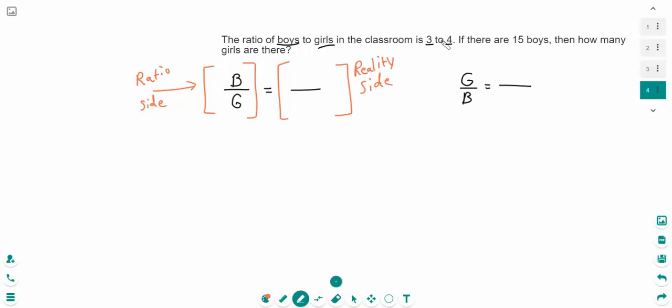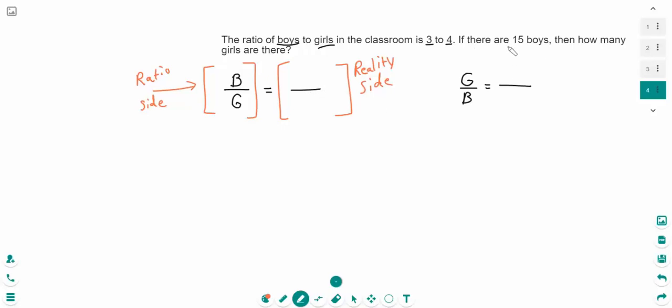So it's not telling us how many boys and girls there are in the classroom. It's just telling us that for every 3 boys we find, we'll also find 4 girls. So that's the ratio we're talking about here: 3 boys to 4 girls, so this B and this G over here. Now, this other side is the reality side. In reality, how many of each do we have?